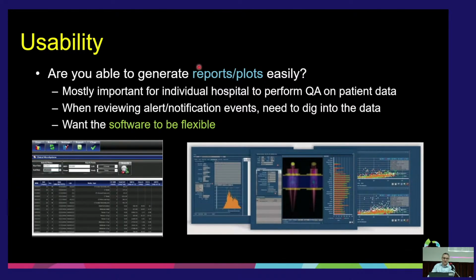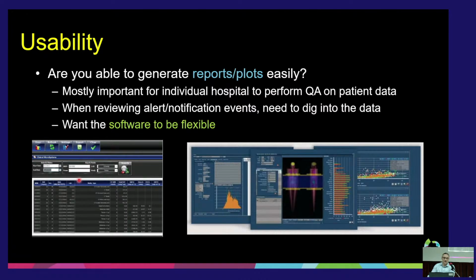All right, probably one of the most important things in my opinion, once you know how it imports and collates the data, is how it displays the data. We have, as I mentioned, several different dose monitoring systems.